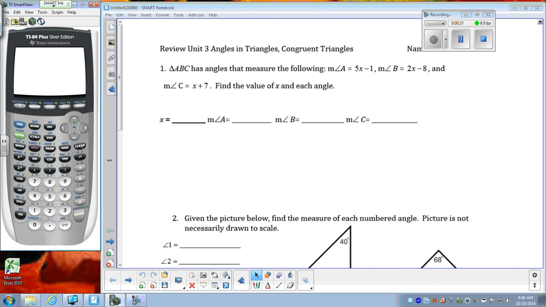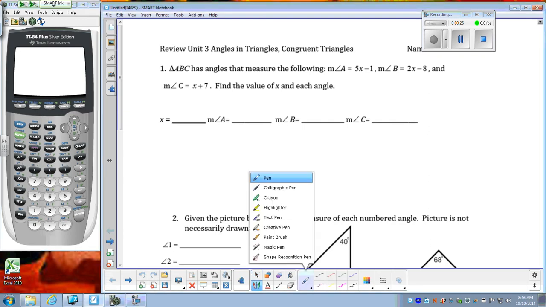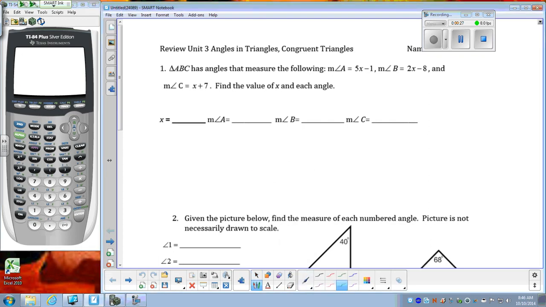Number 1 says triangle ABC has angles that measure the following. A is 5x minus 1, B is 2x minus 8, and C is x plus 7.